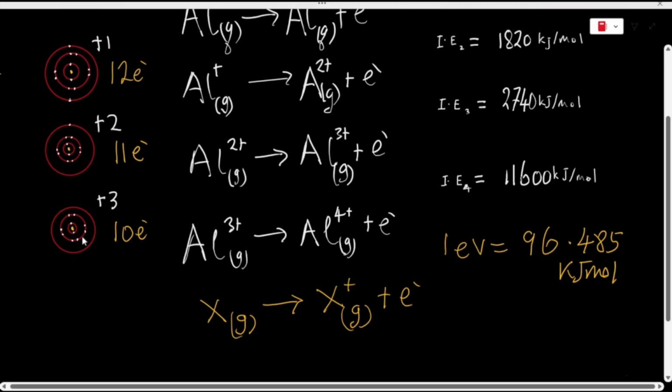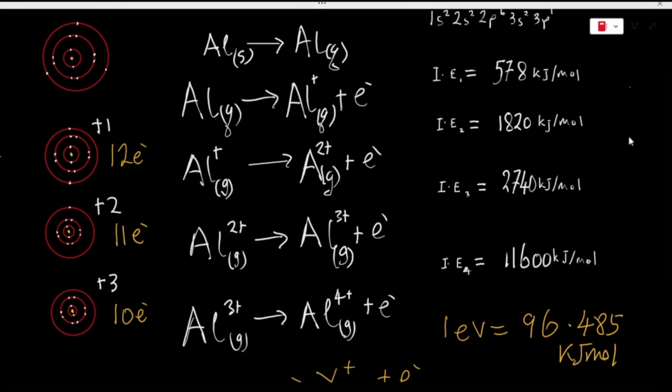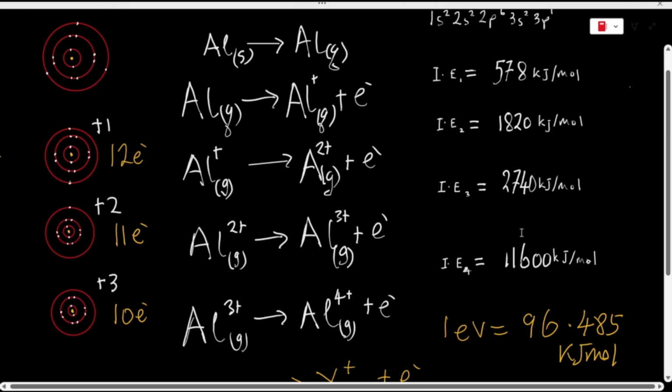It is closer to the nucleus. The nucleus has a stronger grip on it, and it will require a substantial amount of energy to remove that. And so when you look at successive ionization energies, it gives you a clue as to the number of valence electrons on the atom. It gives us a clue as to the group in which the element is in.